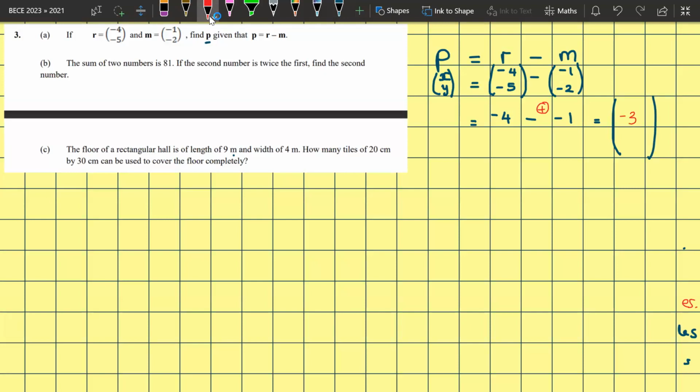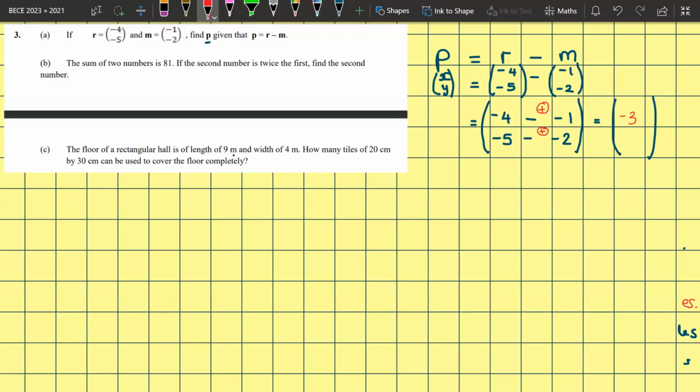-3. Okay, now let's subtract the Y components. So for the Y components, -5 subtract -2. Now remember, when you subtract a negative number, you are adding up.